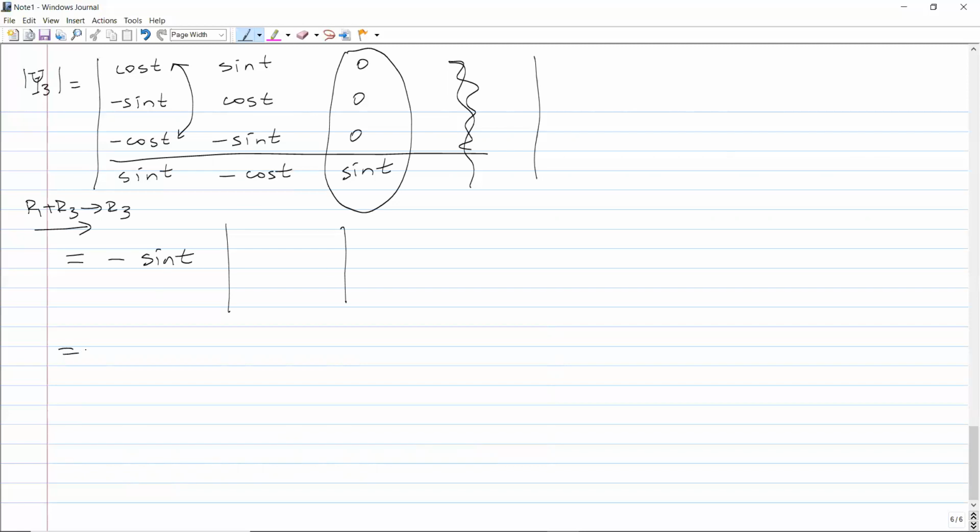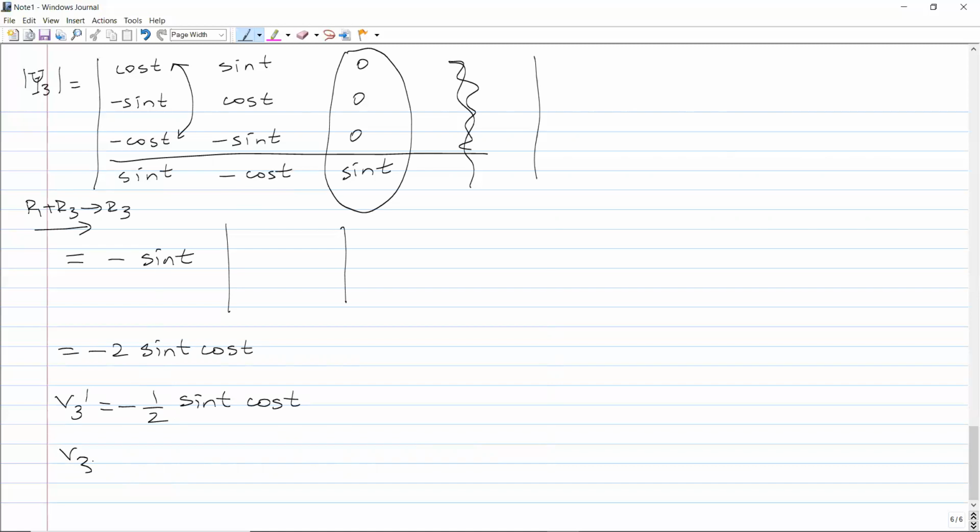This determinant is simpler. It comes to minus 2 sine t cosine t. So V3 prime, again, we need to divide this by 4. So minus 1/2 sine t cosine t.